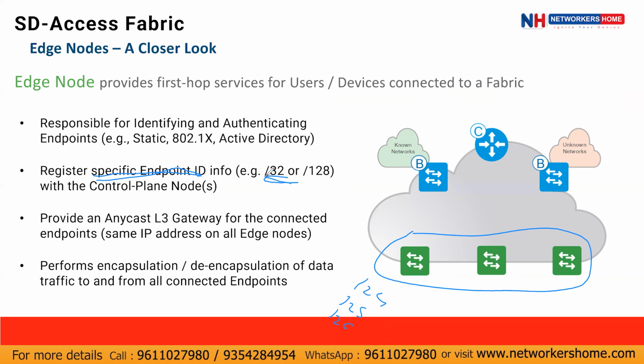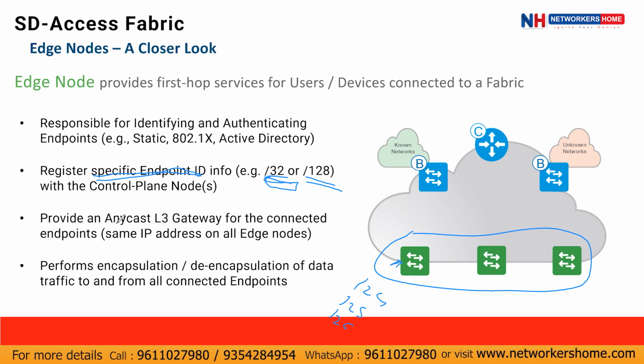Instead, it is treated as just a single host. /32 is nothing but a single host, and /128 for IPv6, so it is treated as a single host connecting on this specific edge node.